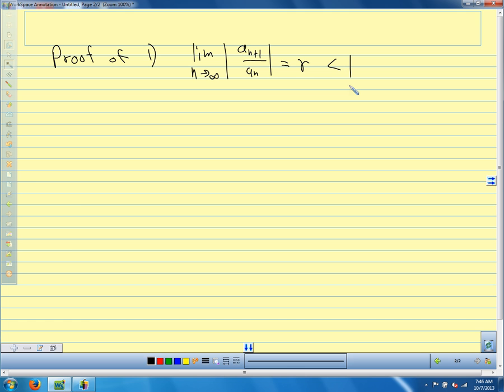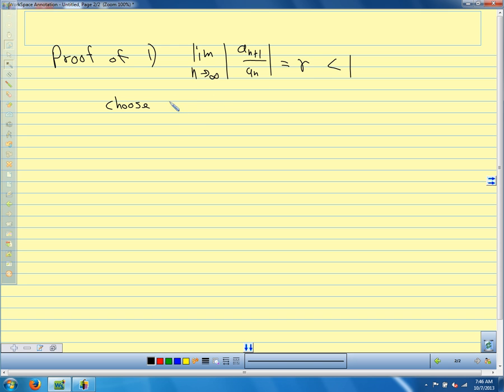By the definition of a limit, we can pick some n so that when we get out past this value of n, this ratio is less than some other quantity.